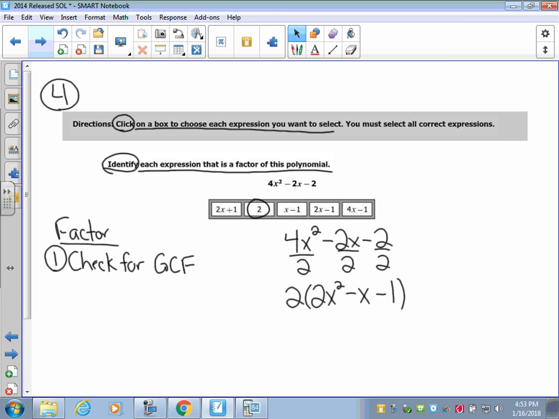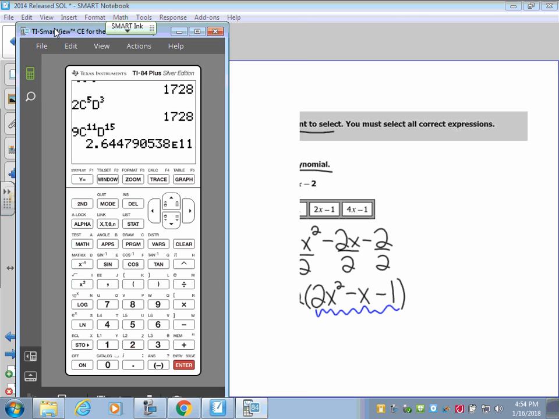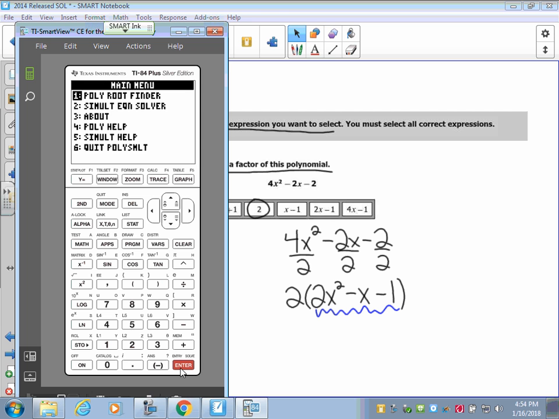The other thing I need to do now is see if this factors: 2x squared minus x minus 1. There are a lot of different ways we talked about factoring. Probably the easiest way is to get your calculator out, go to apps, and use number 4, the PlySmlt2.